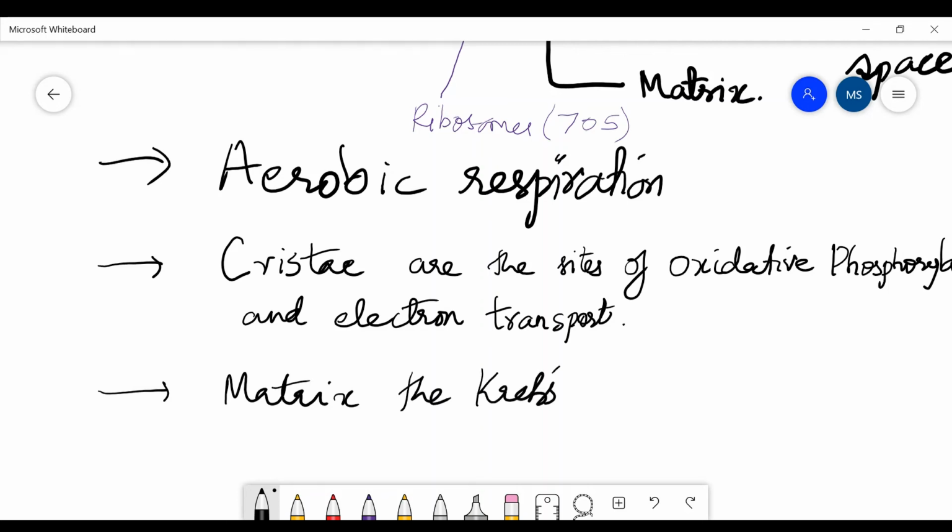This Krebs cycle you are going to learn separately in the physiology of plants. This is the most important cycle.